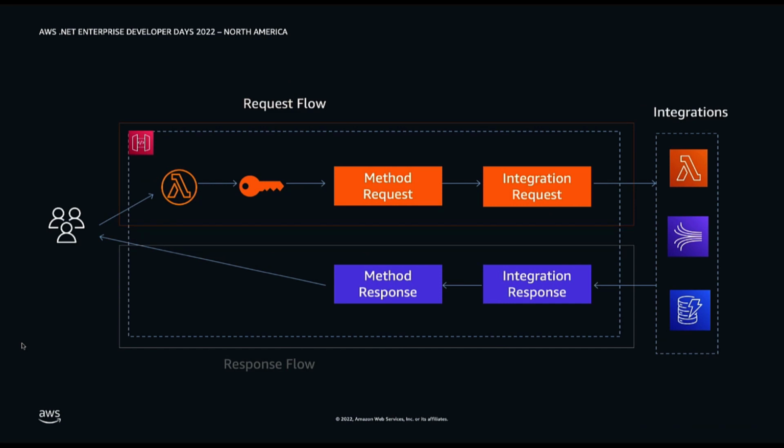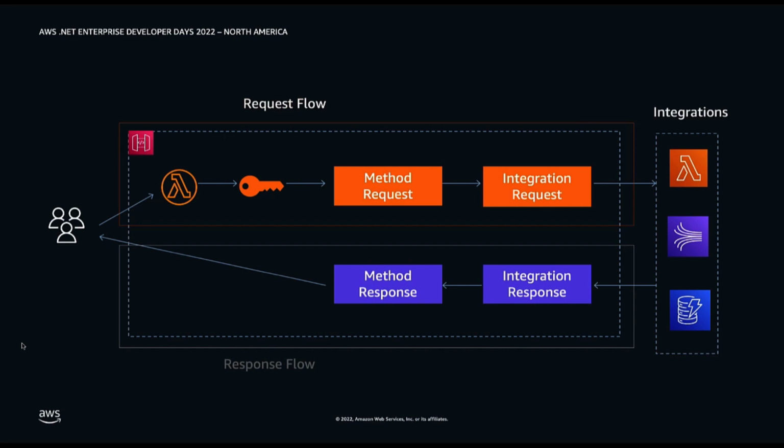Amazon API Gateway consists of three main parts. Number one is the integration. Since the API Gateway is not the final destination, it's just the front door of your application, the integration piece is what your client is really trying to do.